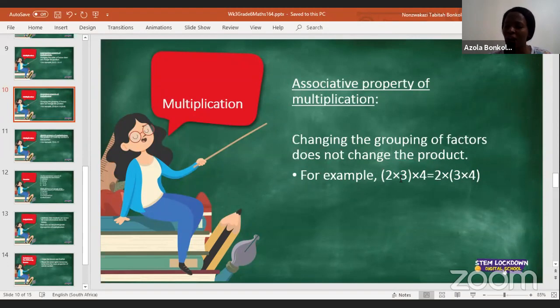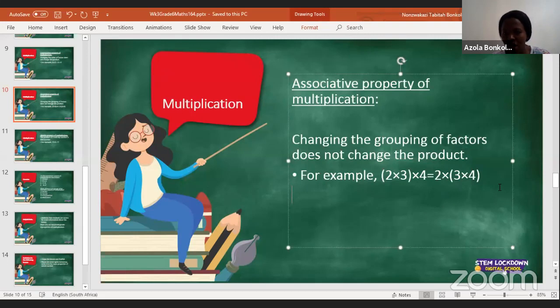We first work out the brackets and then come with the number outside and deal with it. Say for example, we have here 3 multiplied by 4 in the bracket on our right hand side. The answer there is 12, and then we come and say, okay, we have 2 times, then we'll drop that 2 on our second line, we'll say 2 times 12. The answer is 24. So on both our left hand side and our right hand side, the answer must be 24.